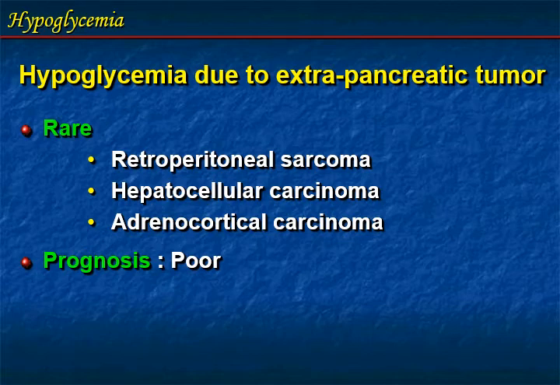Sometimes when the questions come about fasting hypoglycemic tumors, we talk about insulinoma and pancreatic and the extra pancreatic ones. And by the extra pancreatic ones, or the paraneoplastic syndromes, these are rare tumors which secrete materials which look like insulin and stimulate insulin secretion, such as retroperitoneal sarcoma, hepatocellular carcinoma, and adrenocortical carcinoma.